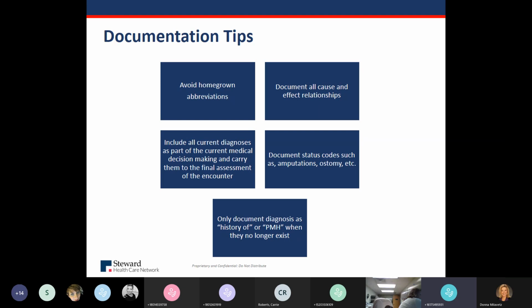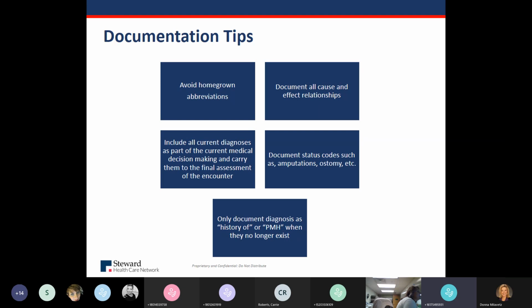It needs to be a known medical abbreviation. And then document all cause and effect relationships. This is more common, definitely with diabetes and any complications. Those cause and effect relationships really need to be captured within the documentation in the medical record.